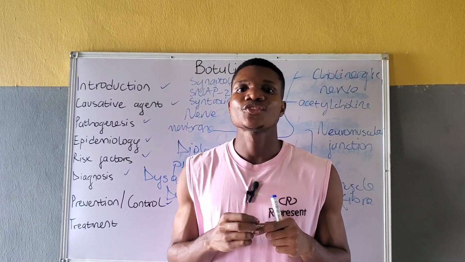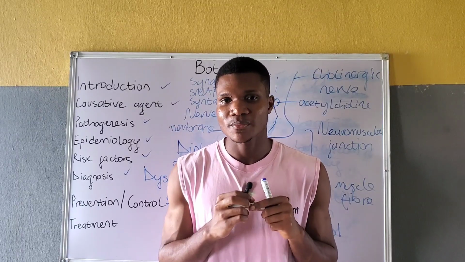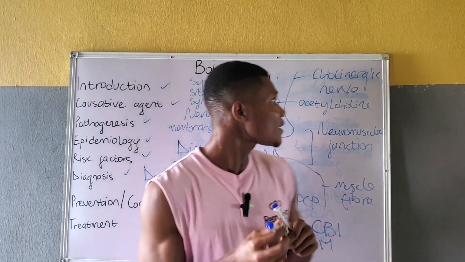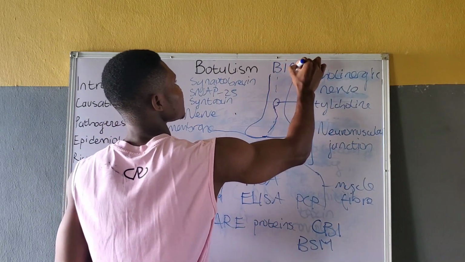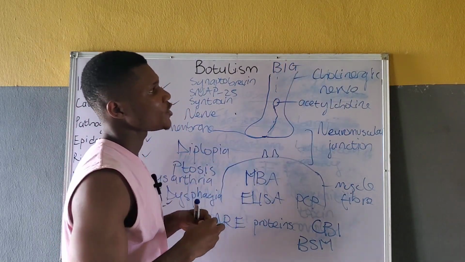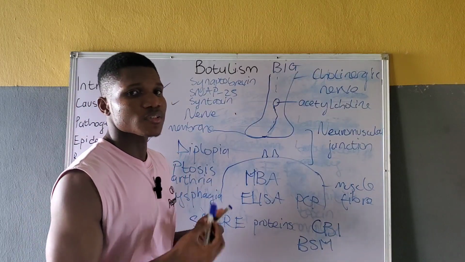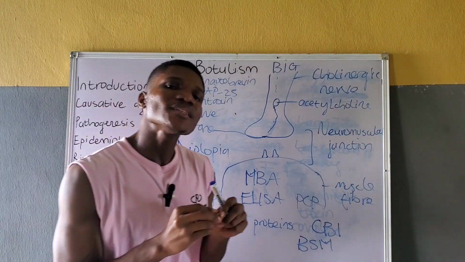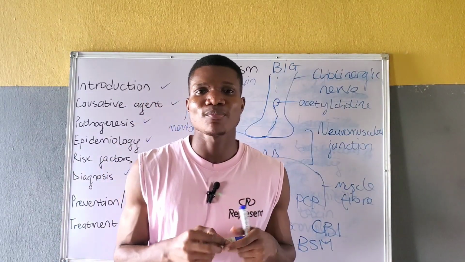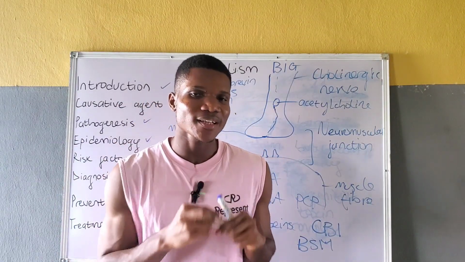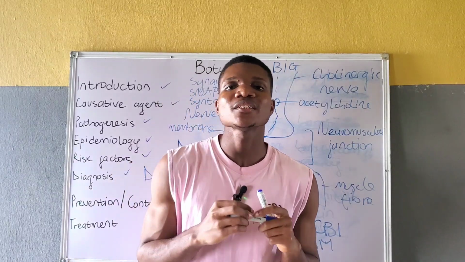Antitoxin is used in managing adult botulism. Human-derived BIG, that is the human-derived botulism immune globulin, is used in managing infant botulism. It is important to note that these antitoxins neutralize the circulating toxin in the bloodstream, but they do not reverse already established paralysis. Very important to note.